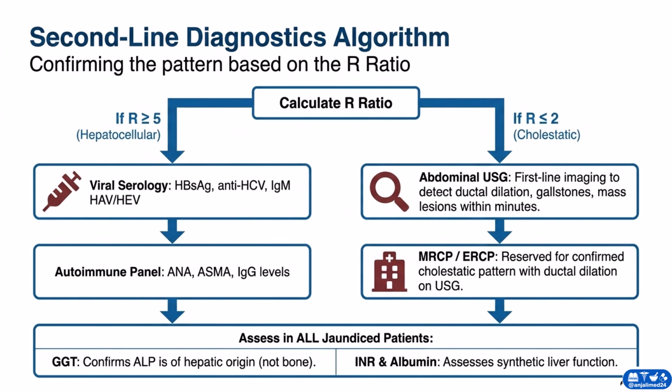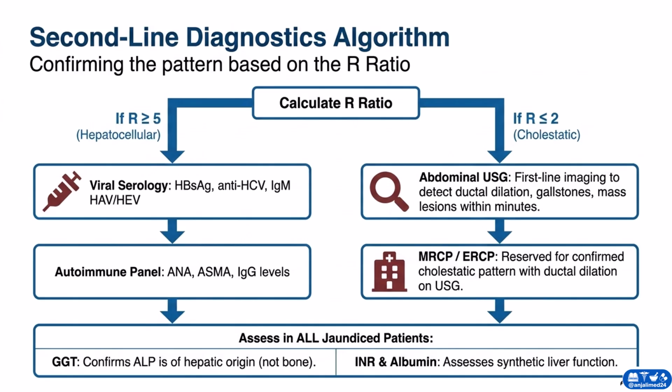Begin with viral serology, including the hepatitis B surface antigen, anti hepatitis C antibody, and IgM antibodies for hepatitis A and hepatitis E, depending on the clinical setting. If the viral tests are negative or autoimmune disease is suspected, proceed with an autoimmune liver panel, including anti nuclear antibody, anti smooth muscle antibody, and serum IgG levels.